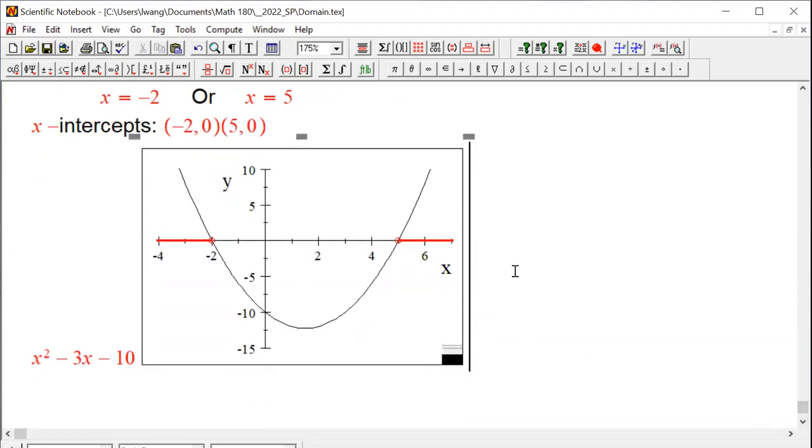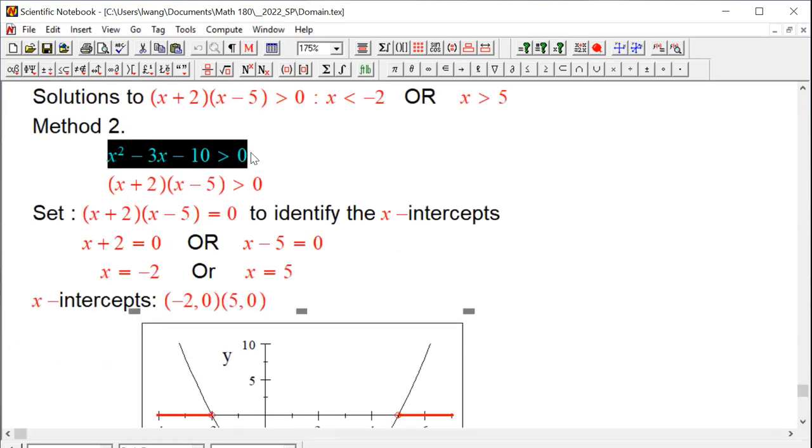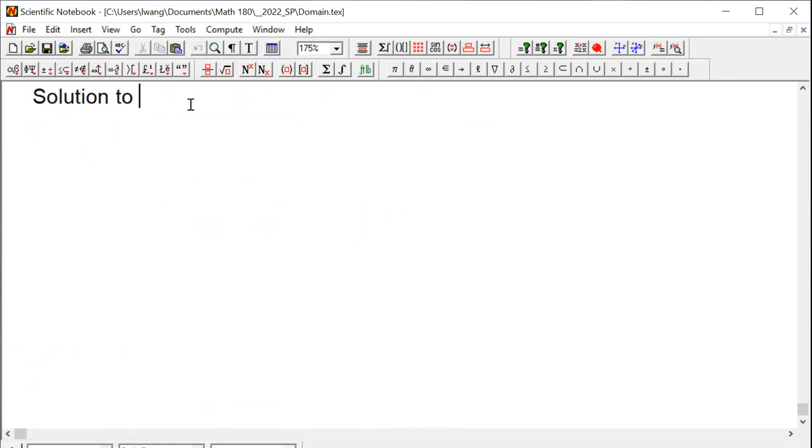If you put these two pictures together, let's mark the solution. The solution to that greater than 0 is x less than -2 or x larger than 5.